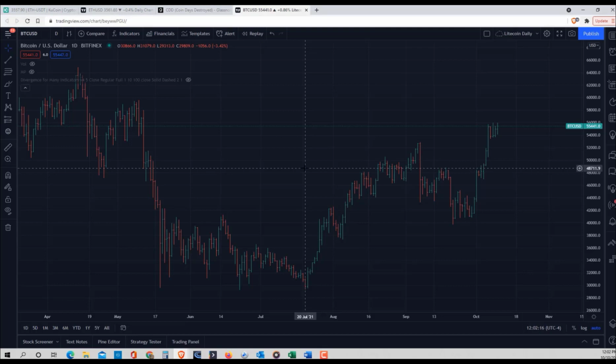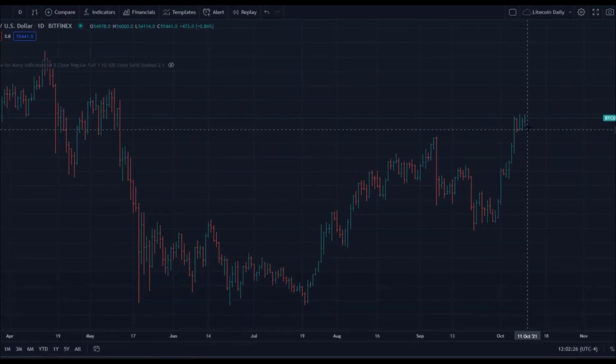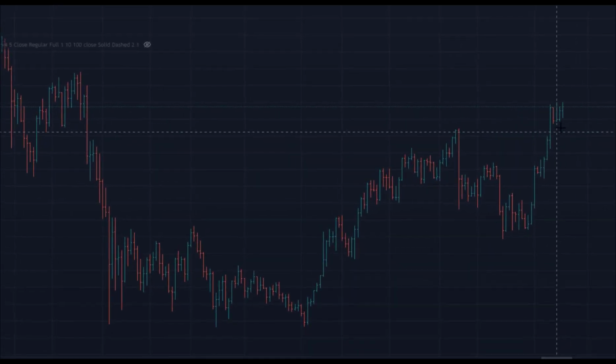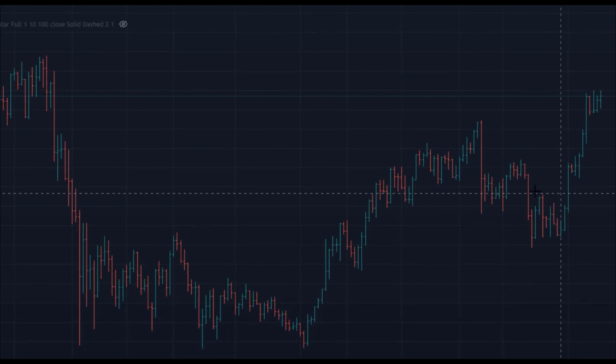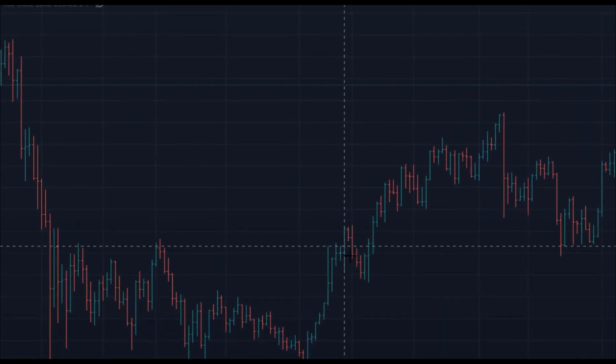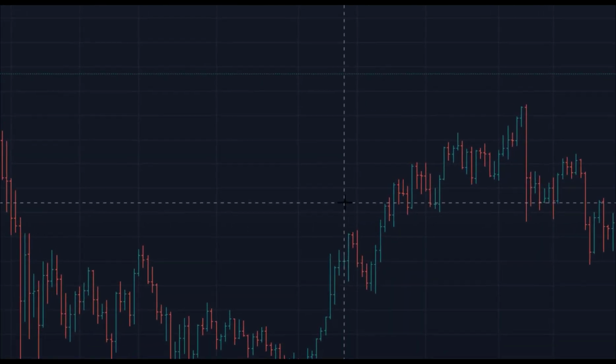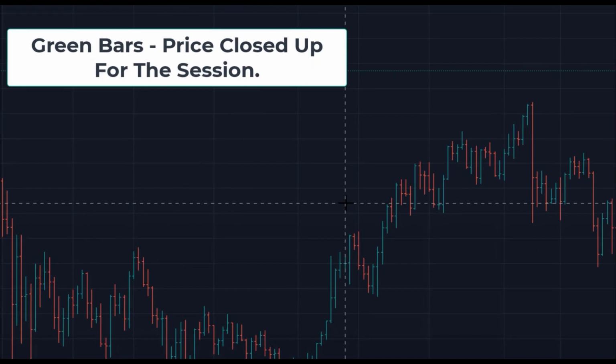What we see here in front of you right now is the daily chart of Bitcoin. Now, every bar here represents one day. This is today's price, that was yesterday's, day before, so on and so forth. The green bars are the bars in which the price closed up for the day, meaning that it went up and by the next session it was higher than the previous bar.